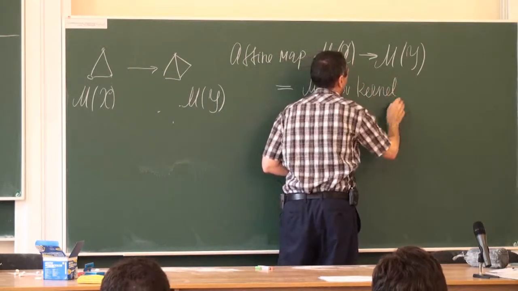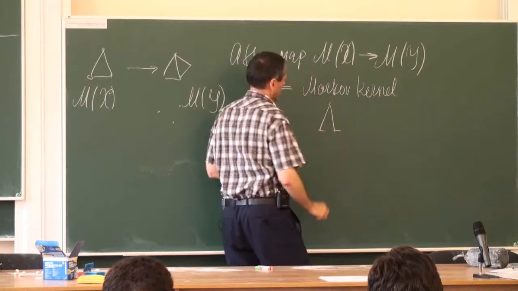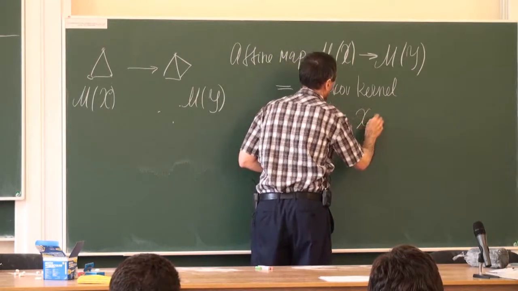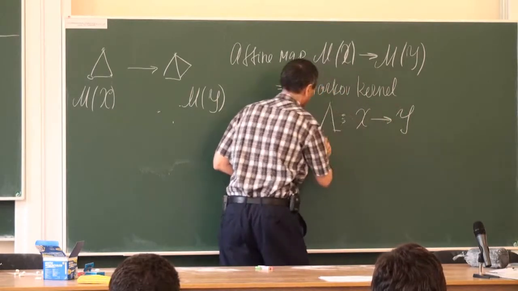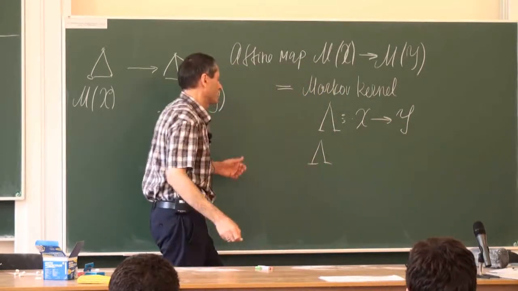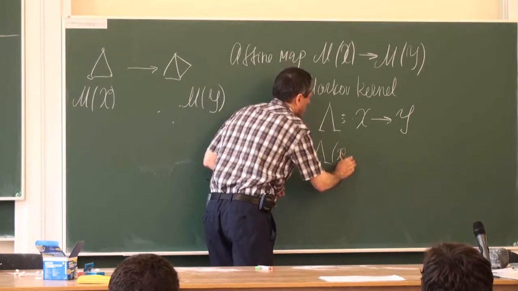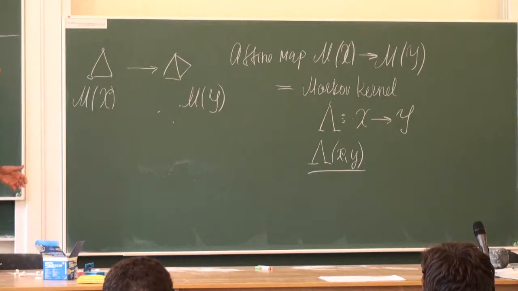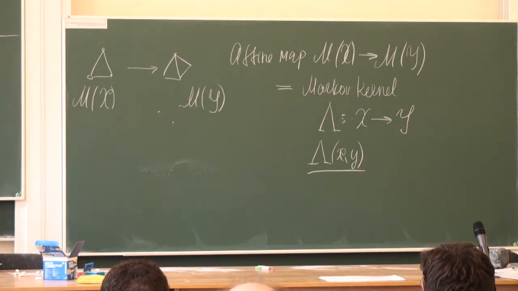I will define it as follows, from X to Y. Meaning, in the discrete case, this is just a stochastic matrix.